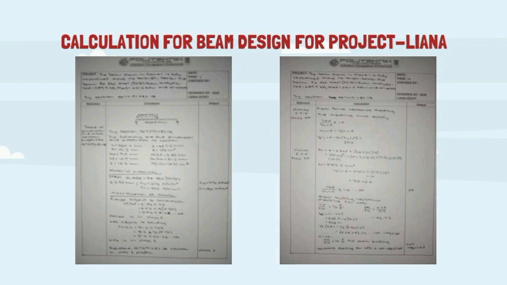VCRD equals VPLRD. VPLRD equals AV times Fy divided by root 3 divided by gamma M0. Based on clause 6.2.6 page 50, AV equals A minus 2 times B times TF plus TW plus 2R times TF.